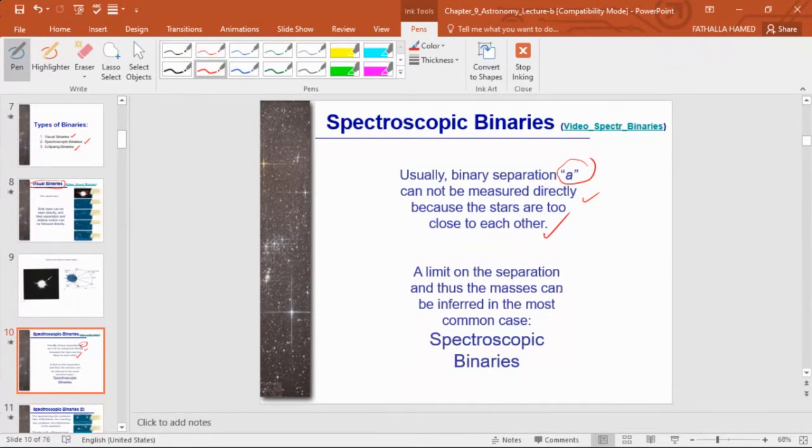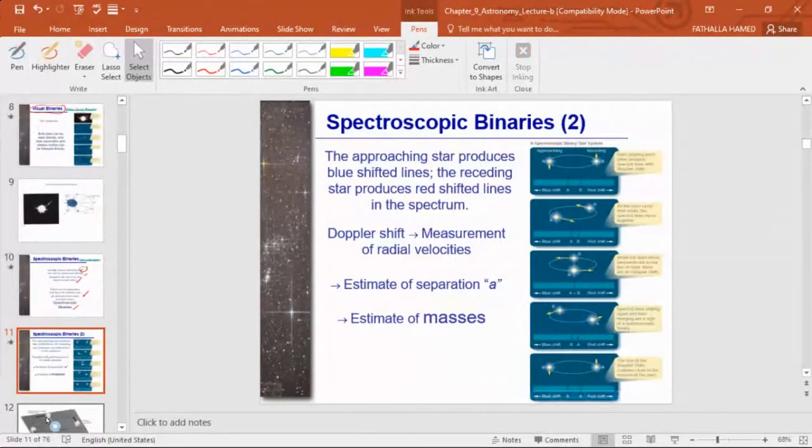So a limit on the separation, and thus the masses, can be inferred in most common cases. And this is what we call spectroscopic binaries. So how do we do that?